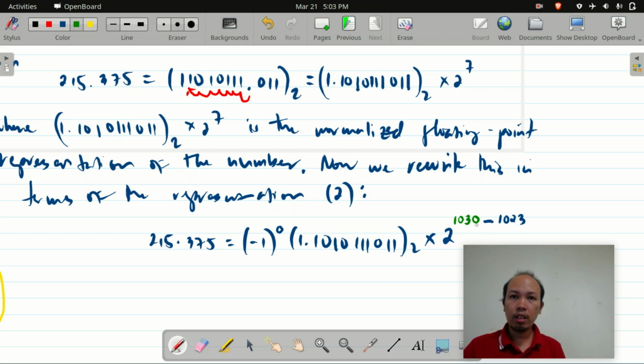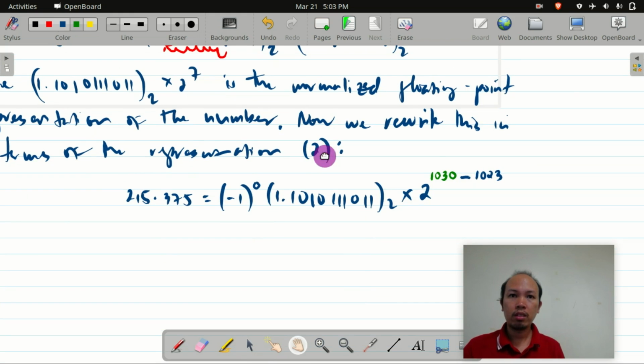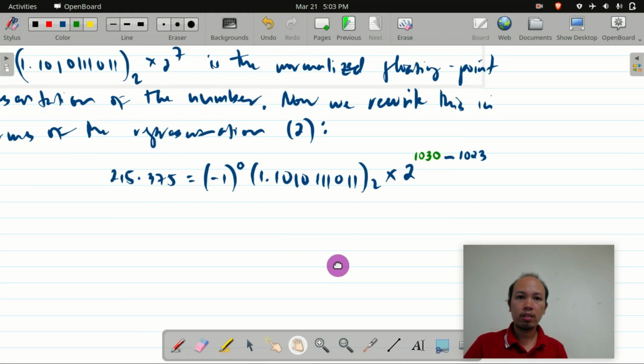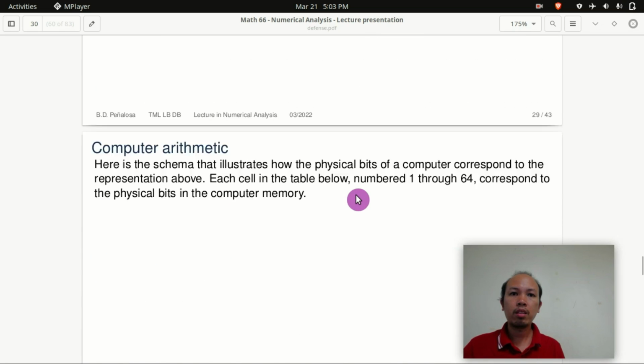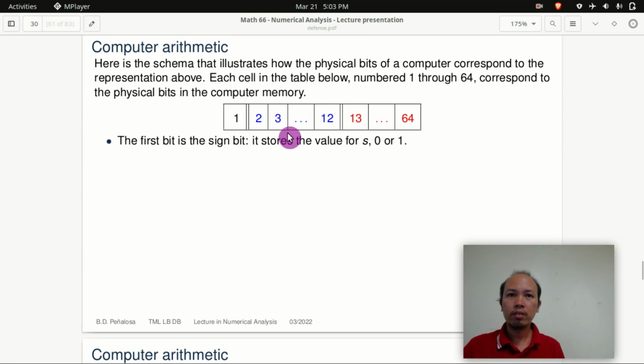So this is now the normalized floating point representation using equation 2. Let's put a point there, and then write it in this box here.